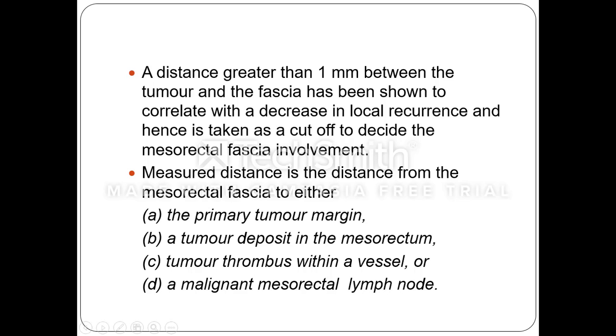A distance of greater than 1 mm between the tumor and the fascia has been shown to correlate with a decrease in local recurrence, and hence it is taken as a cutoff to decide the mesorectal fascia involvement. This measured distance is the distance from the mesorectal fascia to either the primary tumor margin, a tumor deposit, a tumor thrombus within a vessel, or a malignant mesorectal lymph node, whichever is the shortest distance.